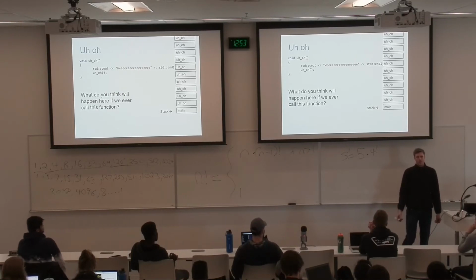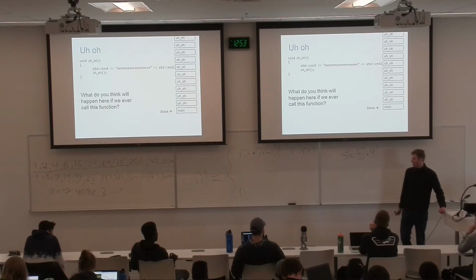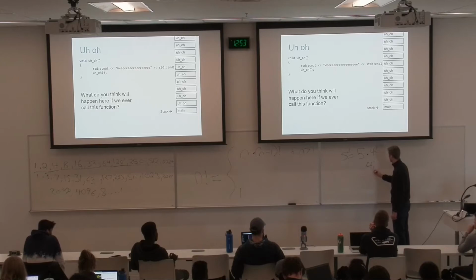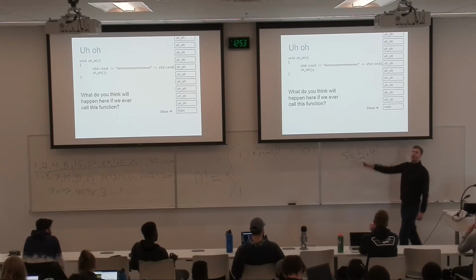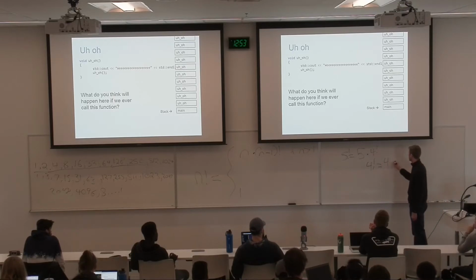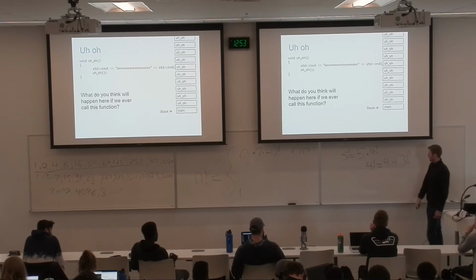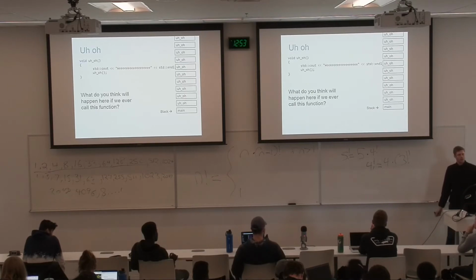And now you're saying, yeah, but you don't know what 4 factorial is, and you're right. But is that my problem? No. Someone else's problem. I'm going to ask someone else to figure that out. So 4 factorial equals what? Well, is 4 greater than 1? Yes. So it's going to be 4 times 3 factorial.